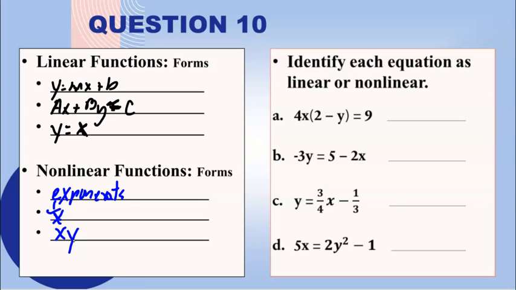So now if we look at our examples on the right, we have 4x times 2 minus y equals 9. Now if I were to distribute the 4x, that would give me 8x minus 4xy. That's a key right here. The xy tells us that it is nonlinear.